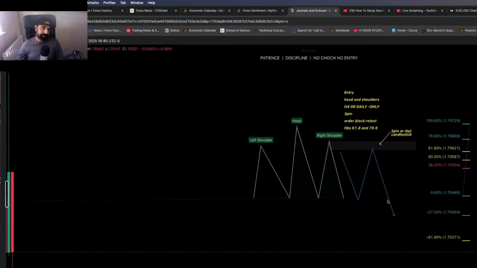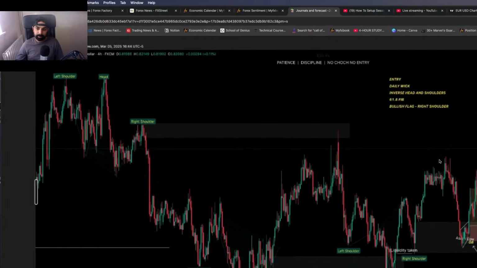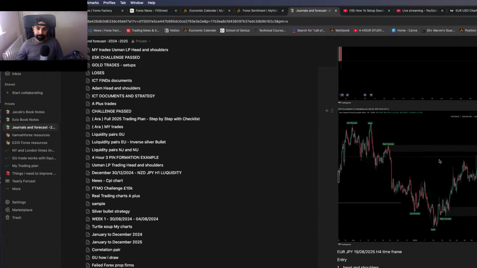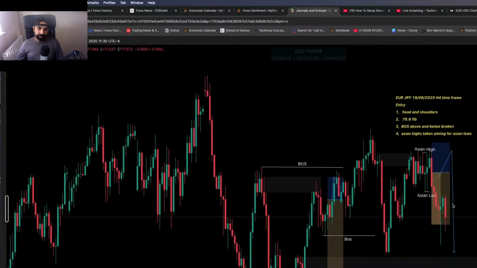I use this one. Retest 78.6. There's another one here. This was a really good trade I did. Hold on a minute. Let me just come back. I just need to pop out a bit.